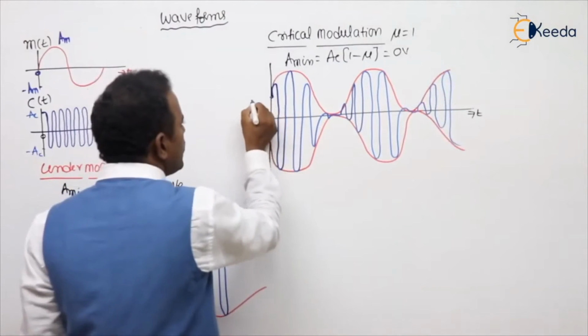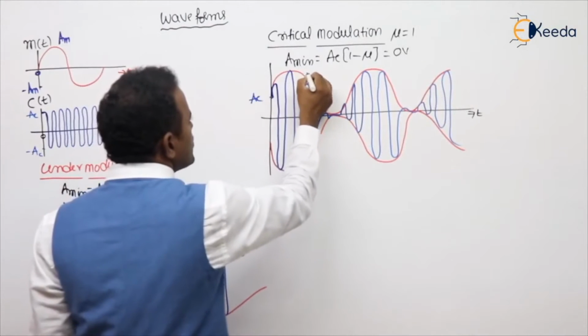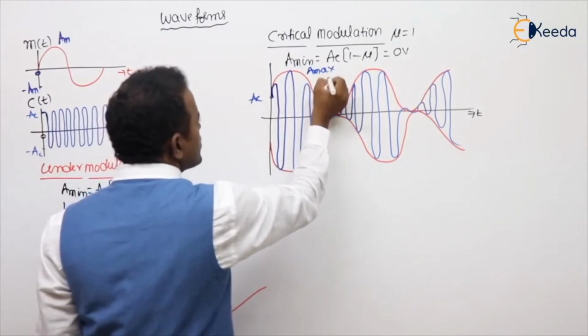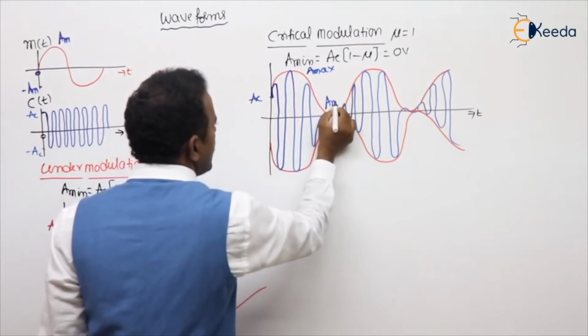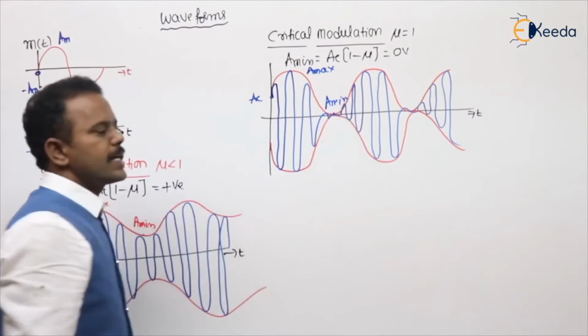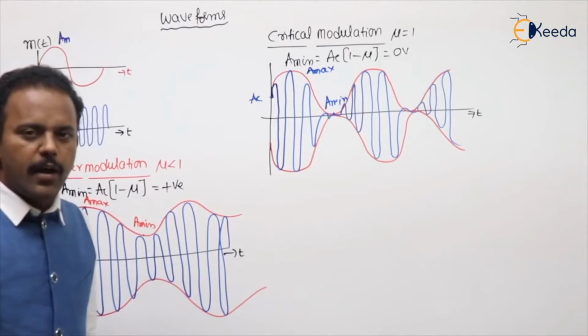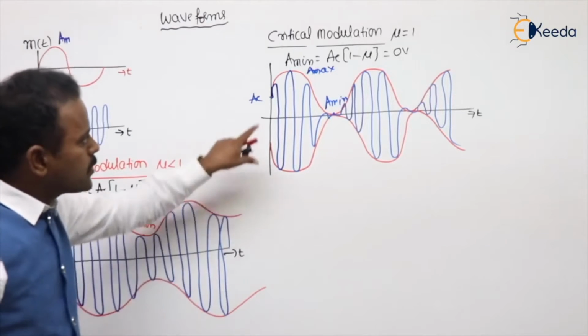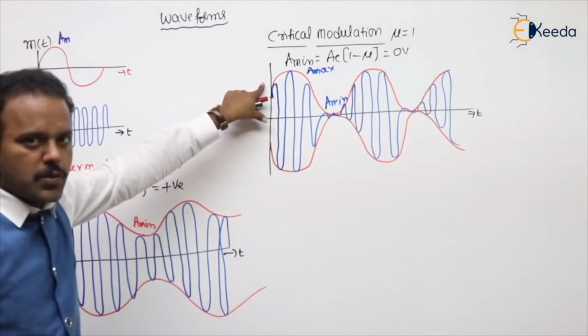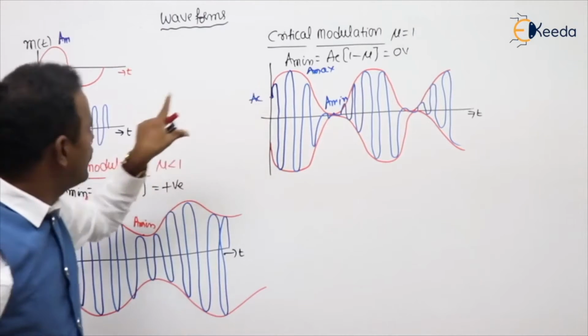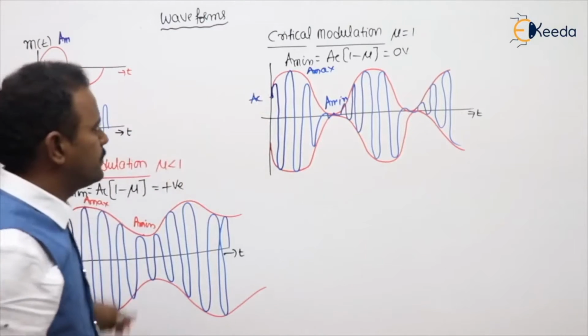What is this value? Is AC. This is nothing but A max, and see here A minimum is touching the x-axis. Try to observe the positive envelope of AM signal in all the cases, and try to see how the amplitude of a carrier is going to be varies according to the amplitude of a message.